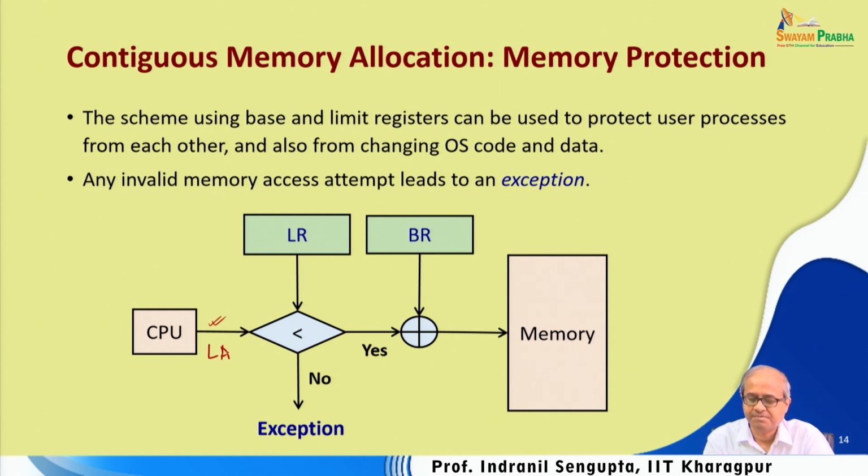First check whether LA is less than the limit register value, which is the size of the process. If yes, fine, add LA with the content of the base register. In this case, you can also call it the relocation register, RER, because they function very similarly, and LA plus RER or BR will generate your physical address.